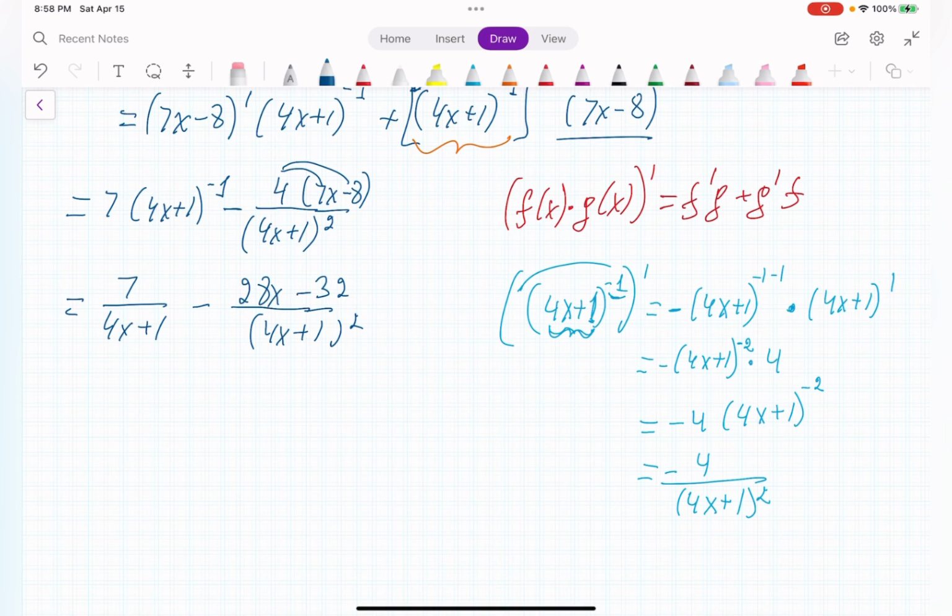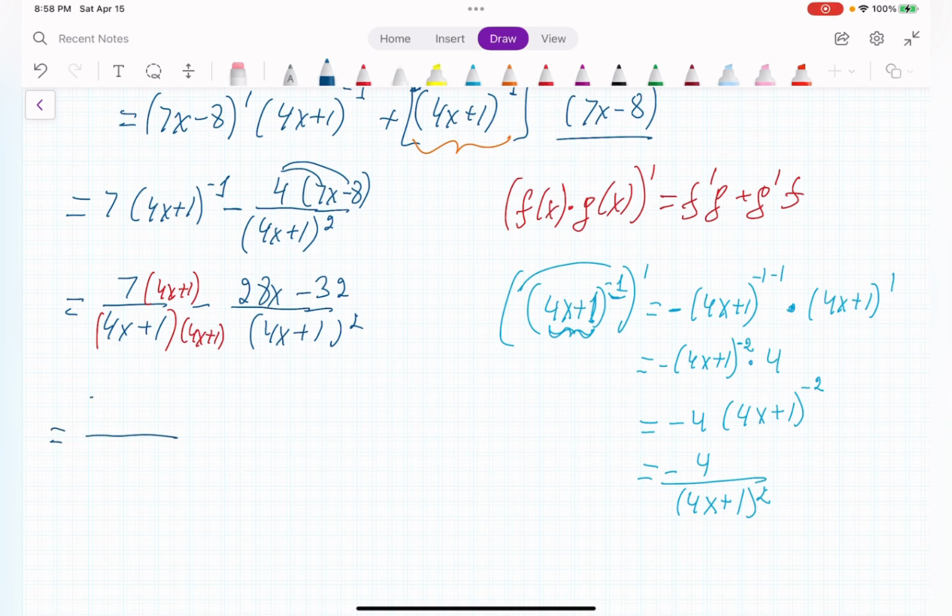Since we have denominator 4x plus 1 squared and 4x plus 1, in this one I have to bring to a common denominator, 4x plus 1 squared, which means I am adding 4x plus 1 here and here.